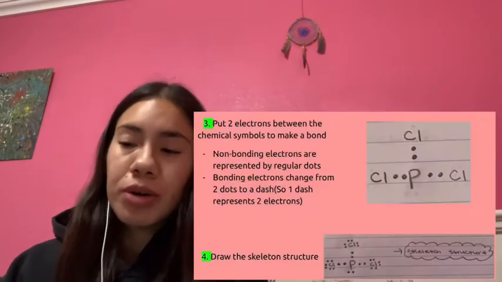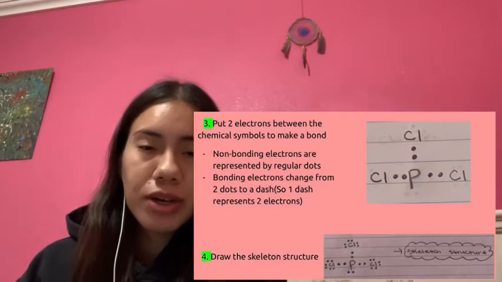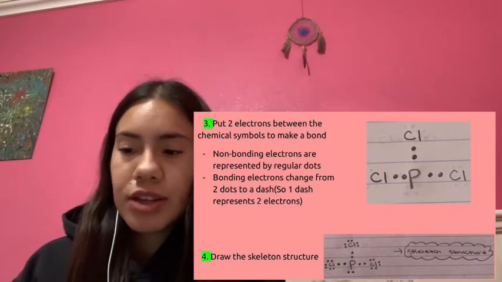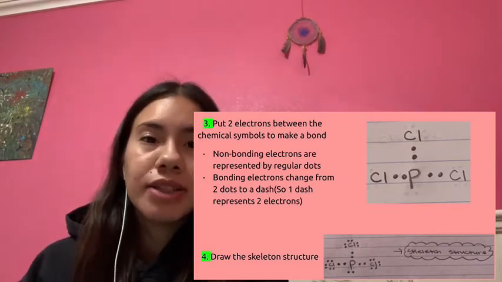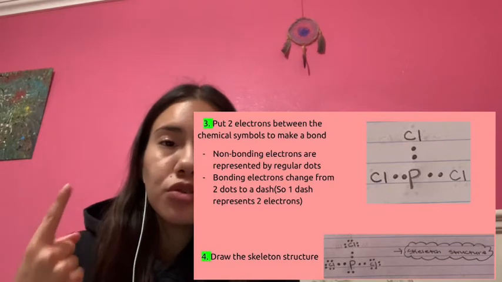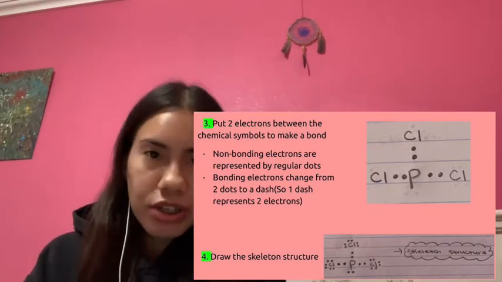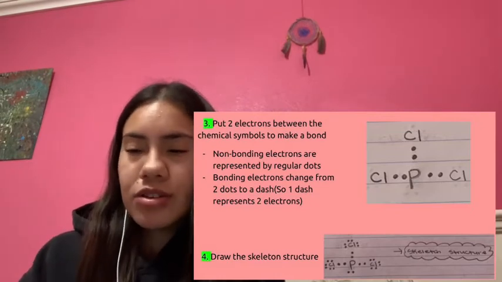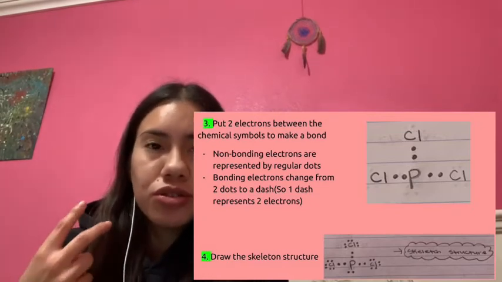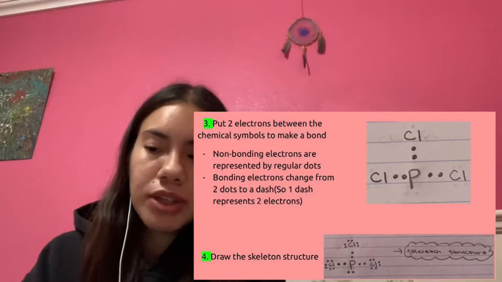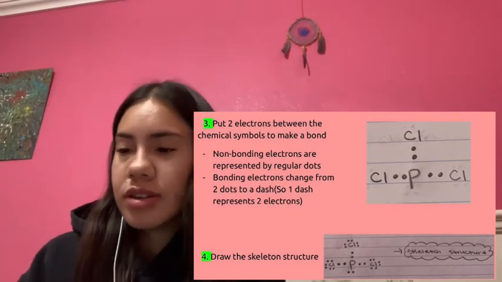Bonding electrons are represented by a dash. One dash represents 2 electrons. Later we'll change that, but for now you should know that a dash represents 2 electrons, and non-bonding electrons are just regular dots.